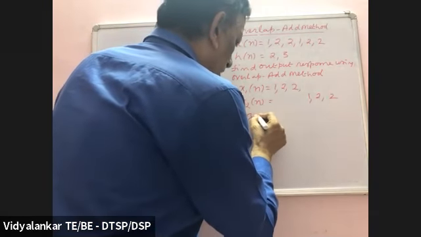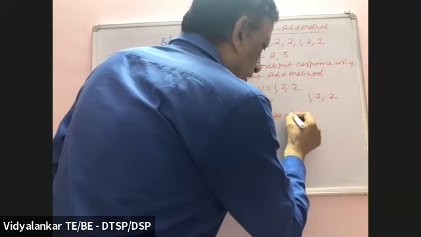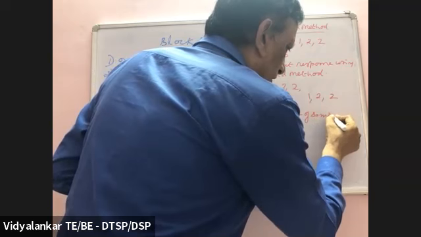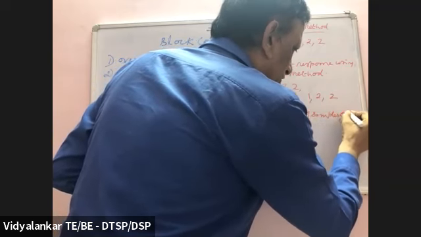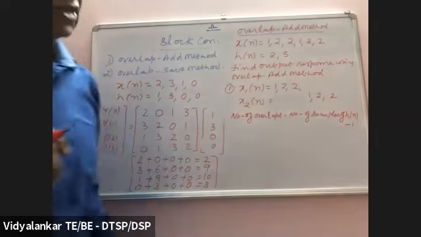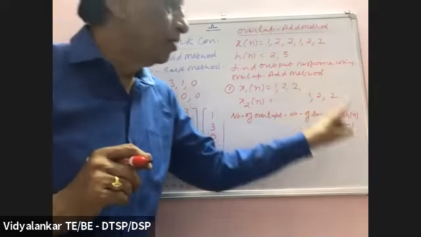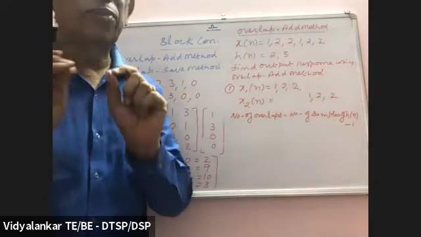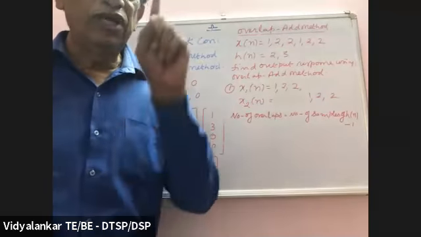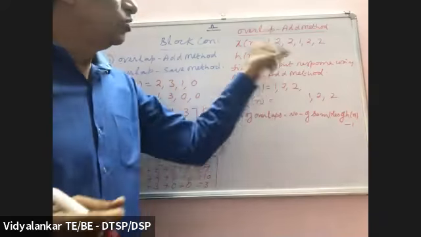The formula is: number of overlaps equals the number of samples in h of n, the impulse response, minus 1. Here how many samples are given? 2. That means in this example only 1 overlap is sufficient.